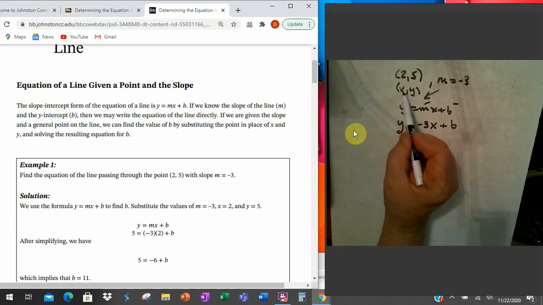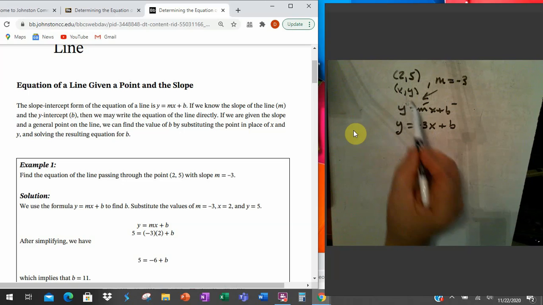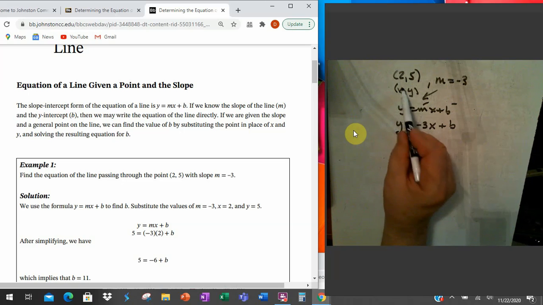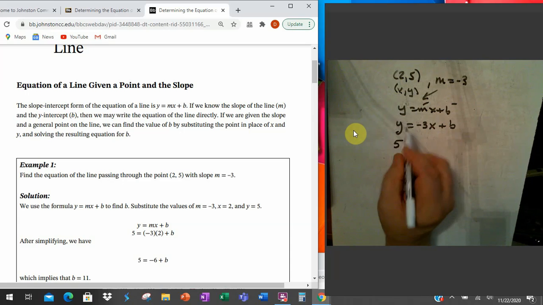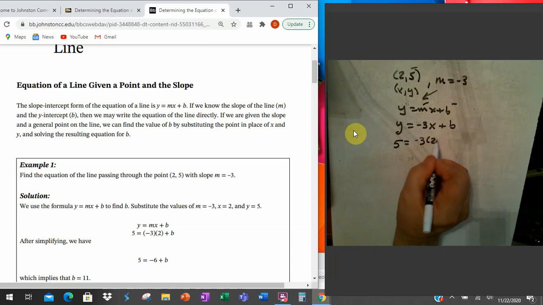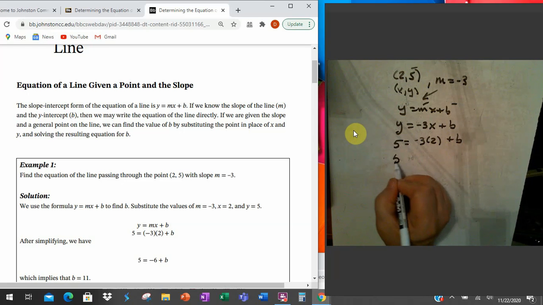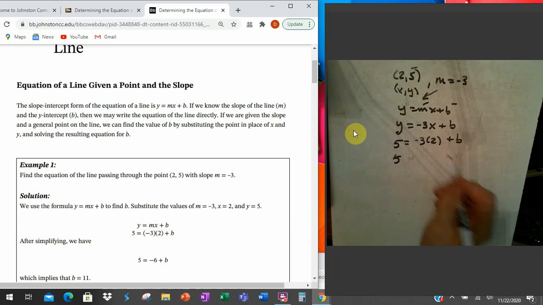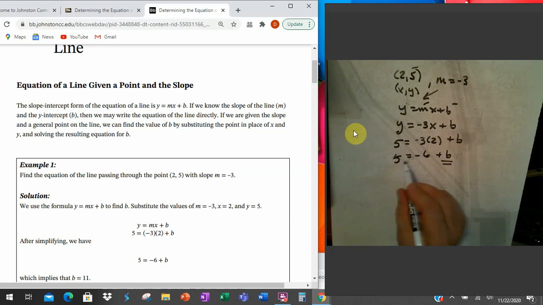Now I'm not given the b directly here, but I am given this point that it passes through. Through the coordinate system, here's the x, here's the y, so I'm just going to plug these things in. Here's my y, there's my x, so I'm going to say 5, that's the y, is equal to -3 times 2 plus b. So I go through and I solve it. I'm going to do the same steps every time I use this particular thing. So -6 plus b. Okay. I want to have b all by itself, so I have b is equal to something over here.